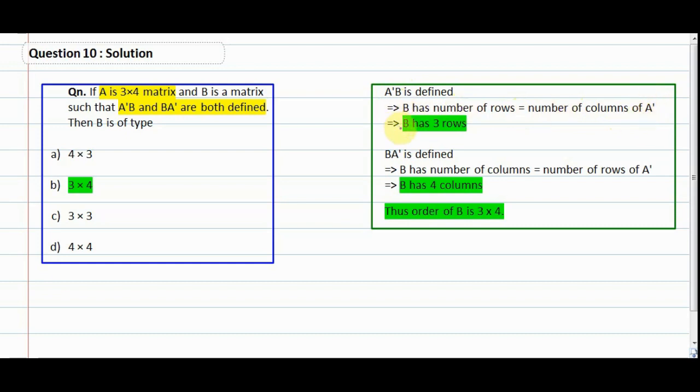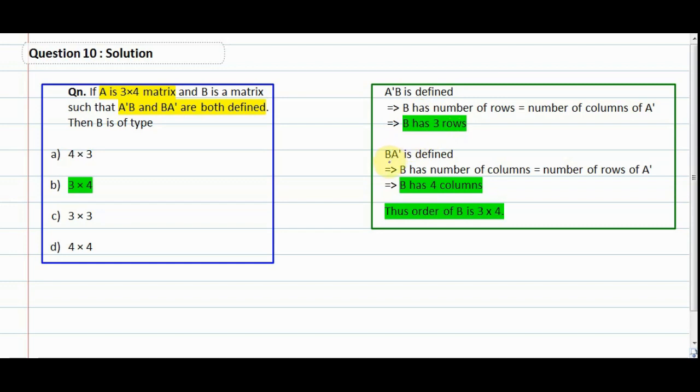So that means that B has 3 rows, because A is a 3 by 4 matrix, therefore A transpose will have an order of 4 by 3. So number of columns of A transpose will be 3, and therefore B will have 3 rows.